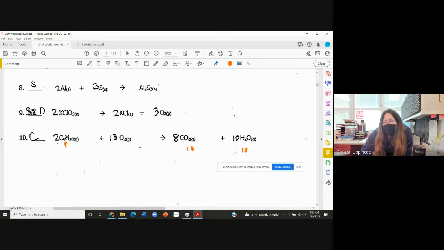If this carbon is an odd number, then just start balancing your carbon, hydrogen, oxygen in that order. Those can get a little cumbersome if you don't use that trick. If you use the trick, then you're just like, this is easy.